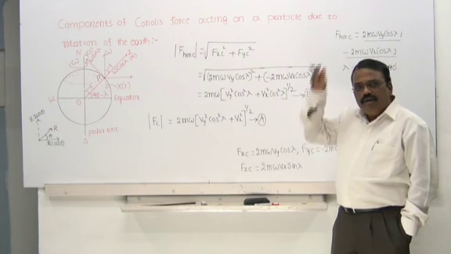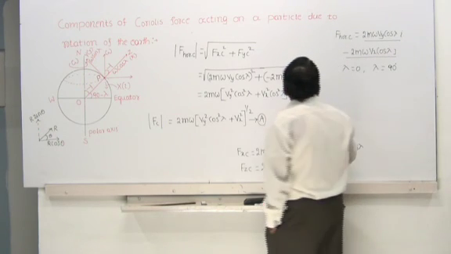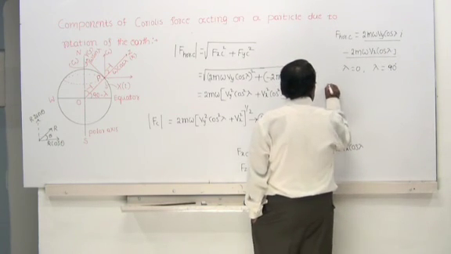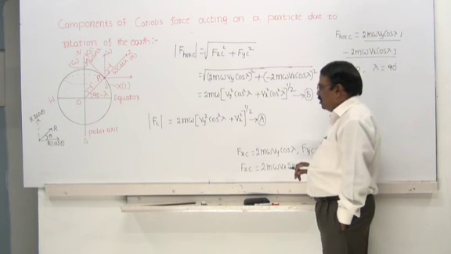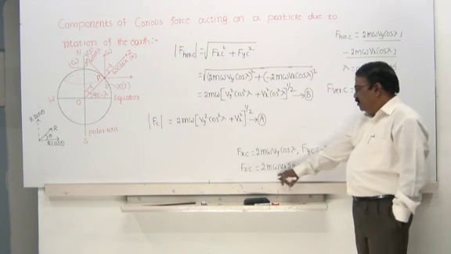Then what about vertical component? So FVERC, vertical component means along the z axis.